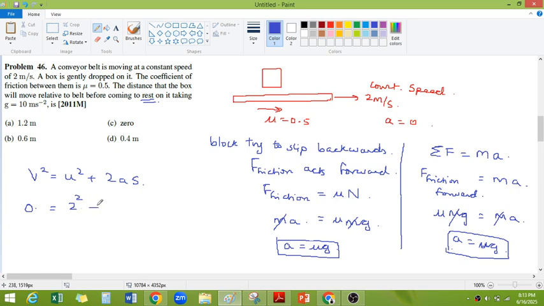and then this will be mu g, 2 times mu into g. Mu is 0.5 into 10, so 0.5 into 10. So it will be 5. Yes, this is what they are asking.